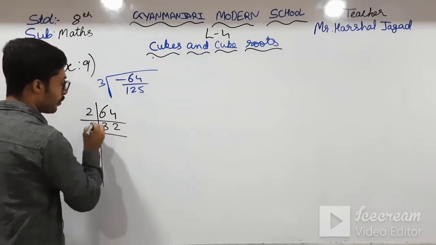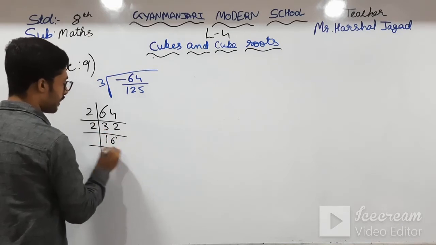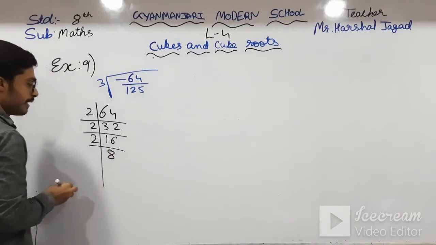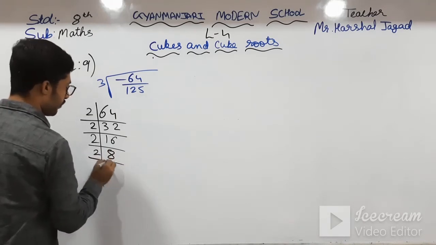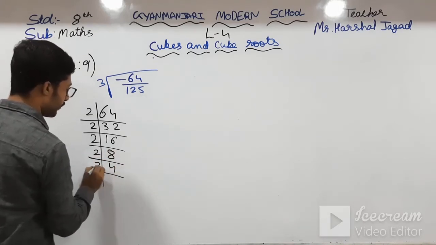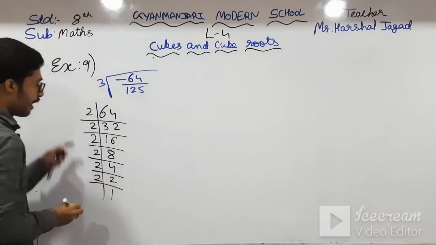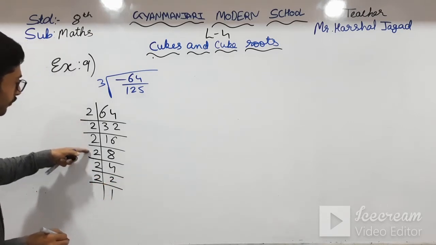Another time 2. 2 1s are 2, 2 6s are 12. Another time 2. 2 8s are 16. 2 4s are 8. 2 2s are 4. 2 1s are 2. How many times 2? 1, 2, 3, 4, 5, 6.